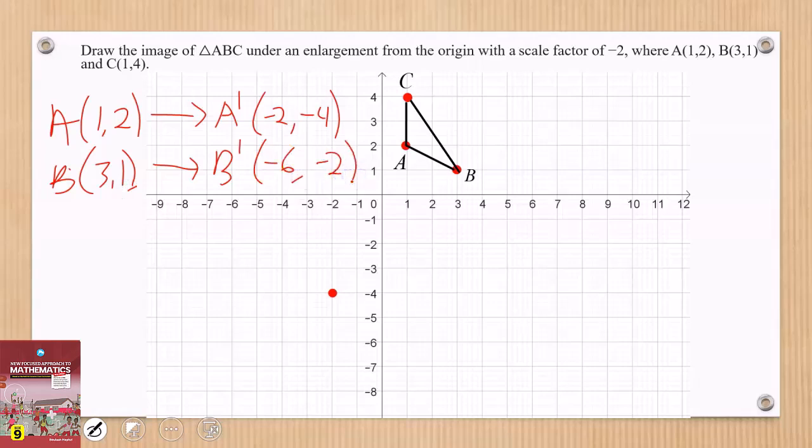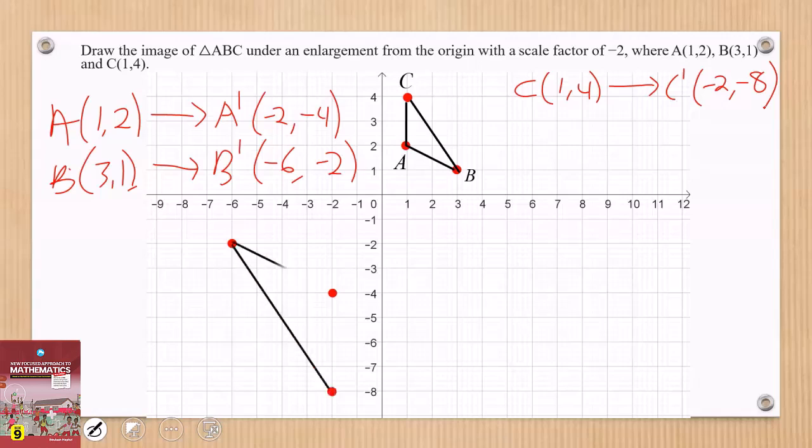So we plot (-6, -2), which will be like this. Finally, we do the same thing for C. C original gave us (1, 4), and its image C prime would be 1 times -2 giving us -2, then 4 times -2 giving us -8. Now we plot (-2, -8), which will come this way.